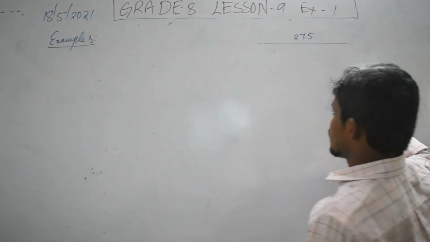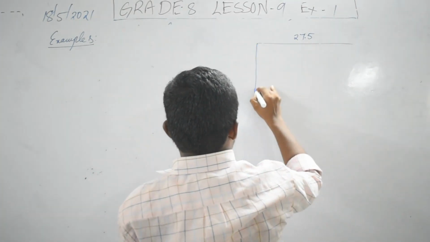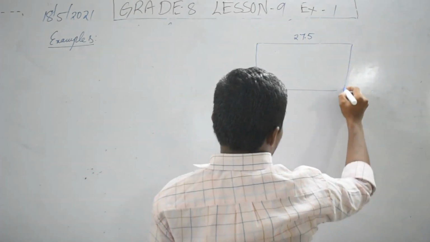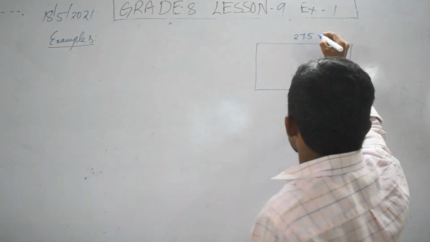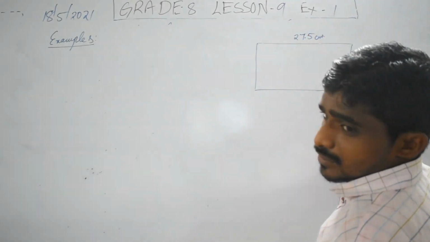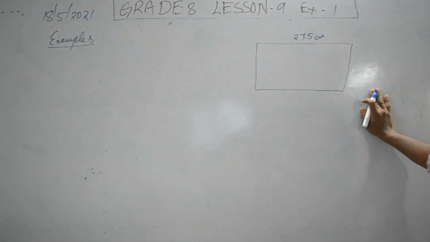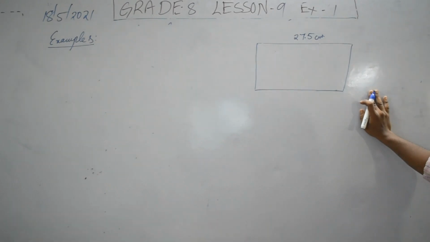So now a square has 4 equal sides. So one side is 27.5 centimeters. Now how much is the length of 4 sides? That length of 4 sides is used for forming the circle.